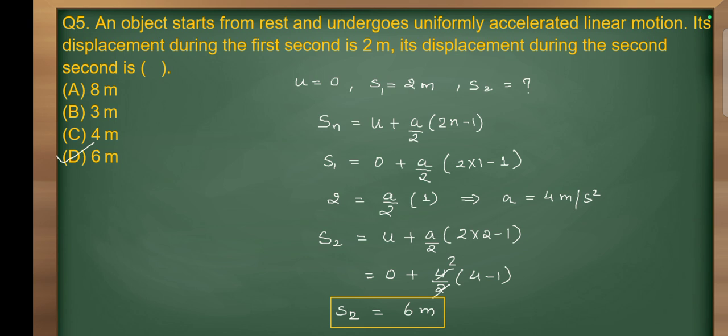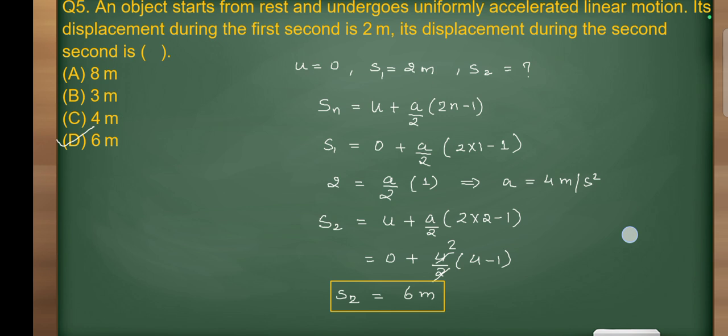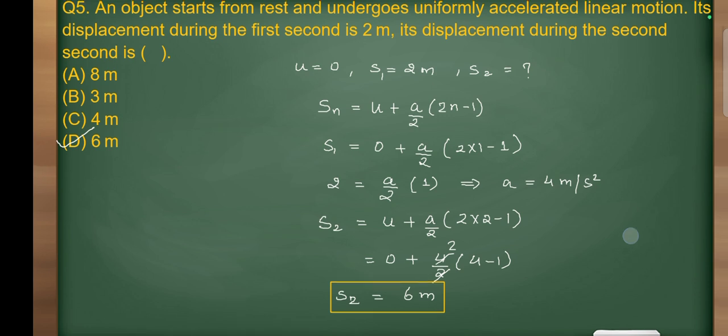We know that displacement in the nth second of a particle is u plus a by 2 into (2n minus 1), where u is initial velocity, a is acceleration, n is the number of second. So in first second, we put n equal to 1, u equal to 0. So we get s1 is equal to u plus a by 2 into (2 into 1 minus 1). From this, we get acceleration equal to 4 meter per second square.